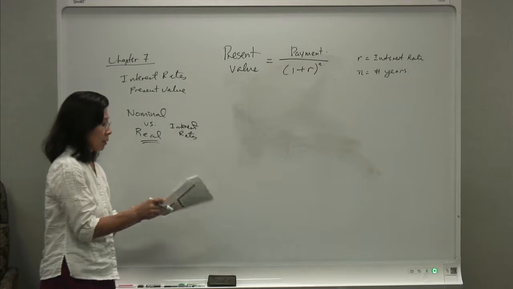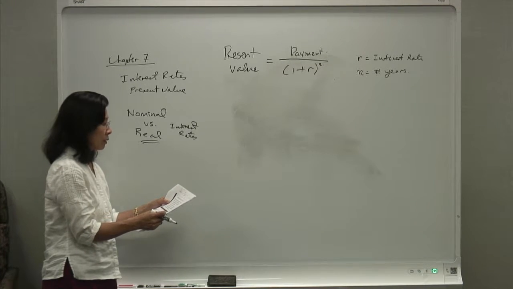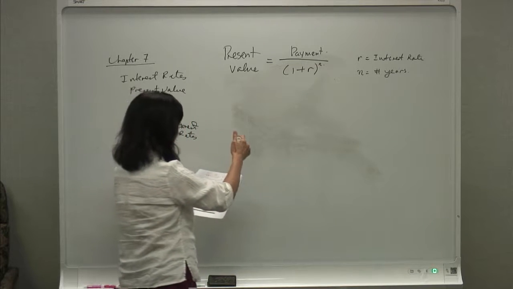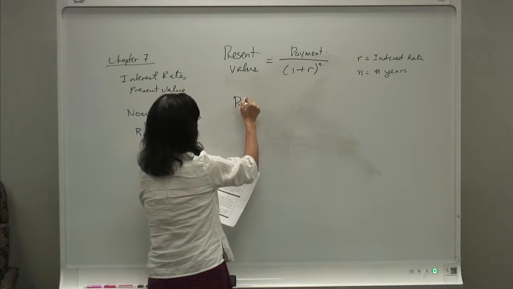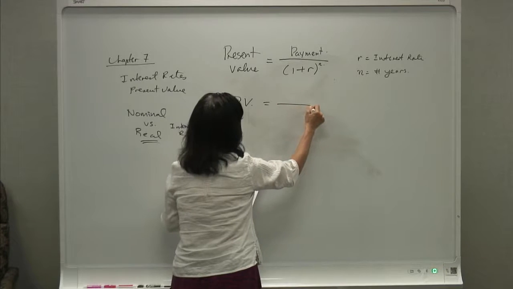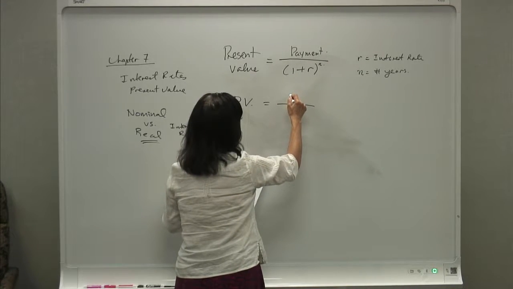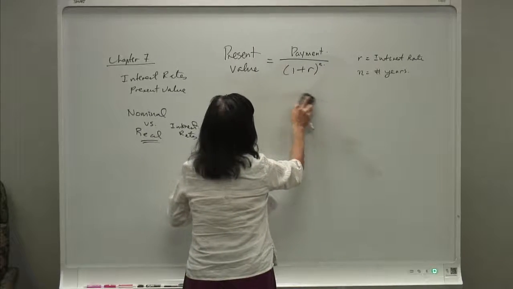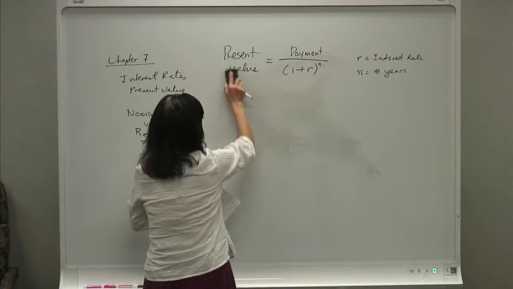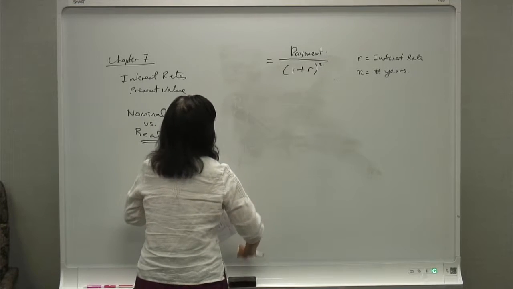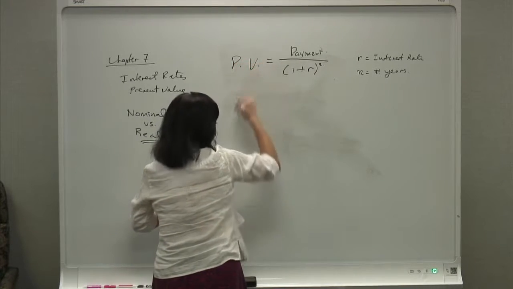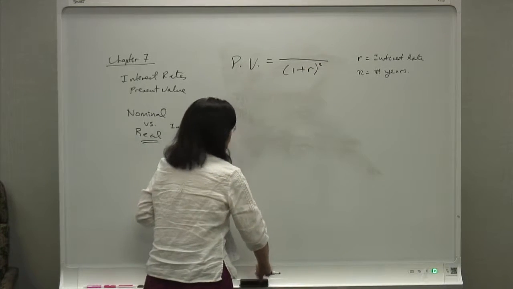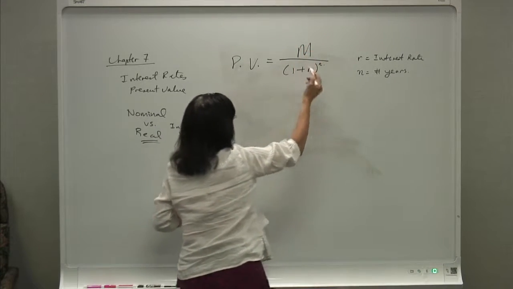Okay, so the first example that we're going to look at, let me rewrite this. Let's write PV equals payment, that will be your M. Let's use a short form here. So PV equals your payment, I'm going to write M because that would be in terms of money stock, but basically it's the same thing.